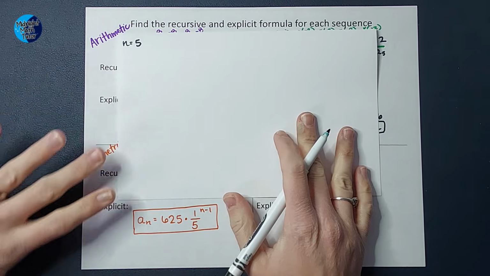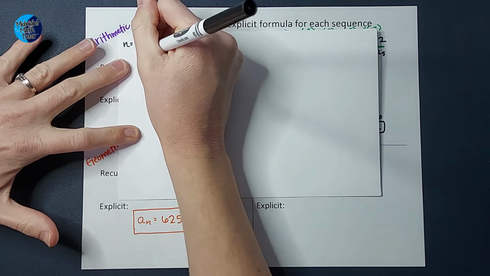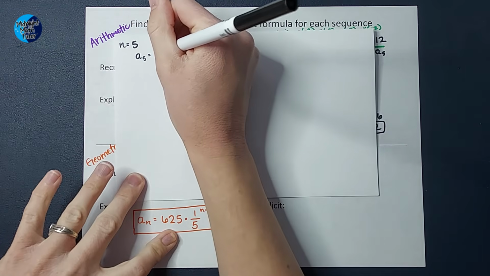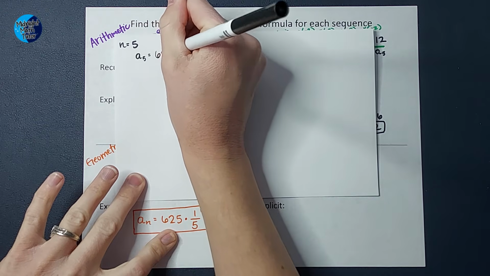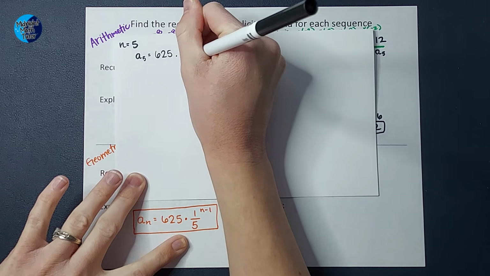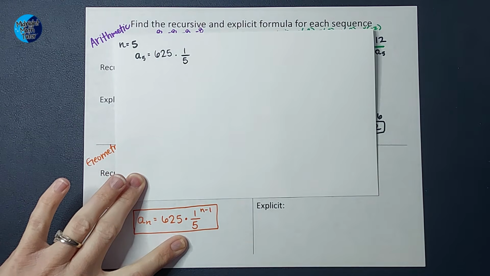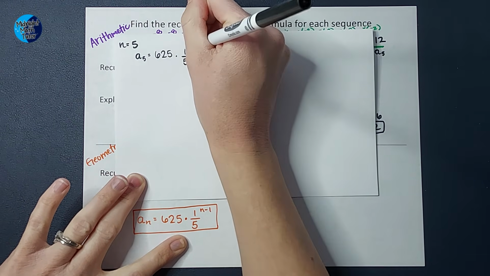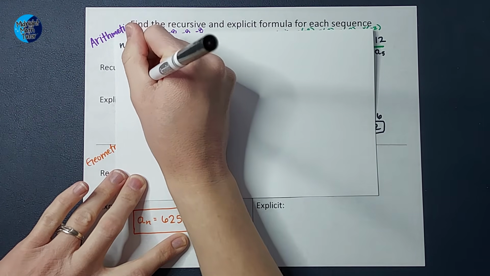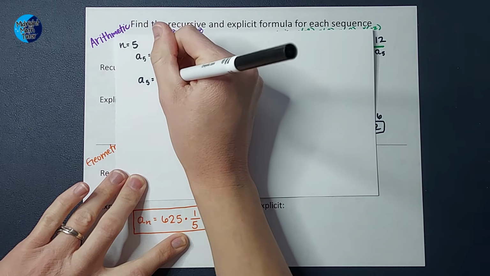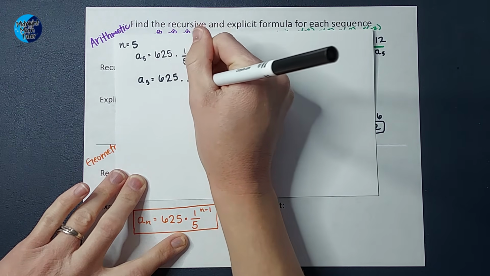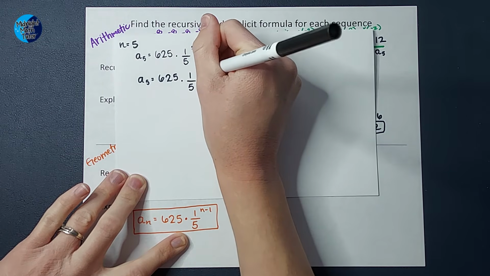Okay. So A sub 5 equals 625 times 1/5 to the power of 5 minus 1. Okay, so a sub 5 equals 625 times 1/5 to the power of 4.